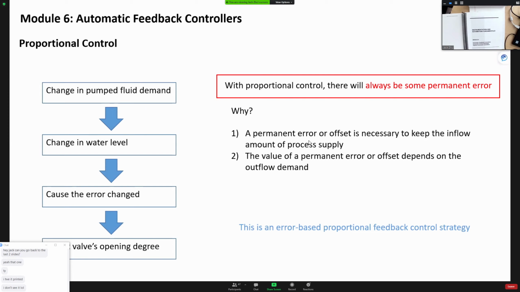So that's why a permanent error offset is necessary to keep the inflow matching the process supply. The value of the permanent error depends on the outflow demand. This is called a characteristic of proportional control. That would be an important thing to know.